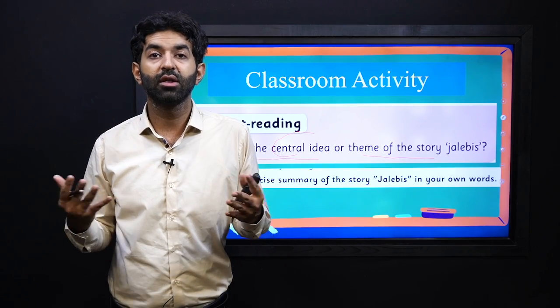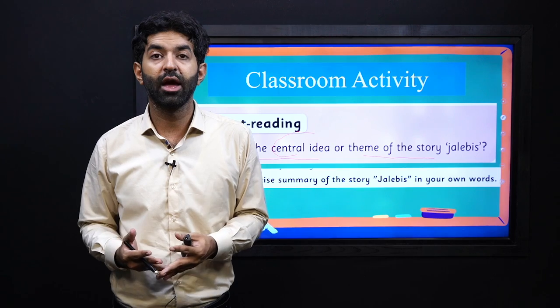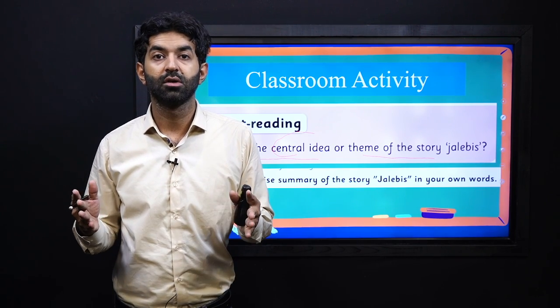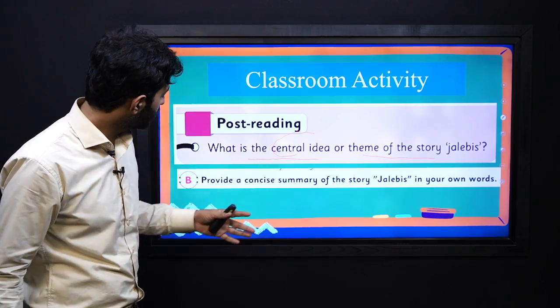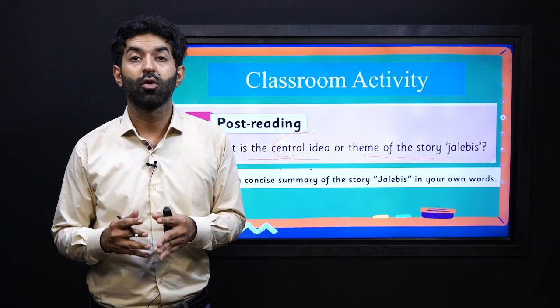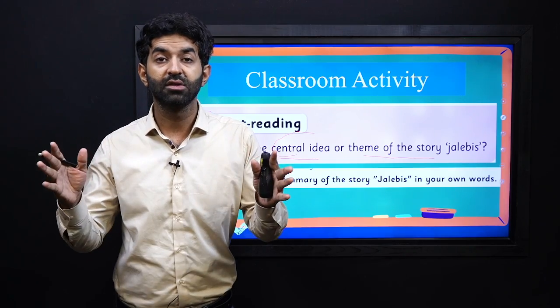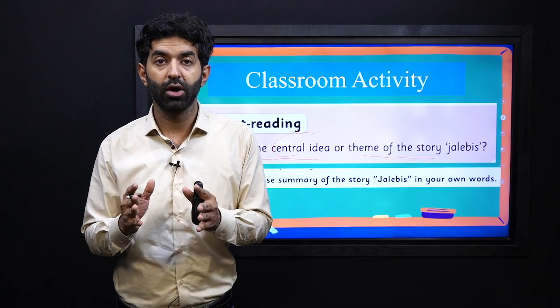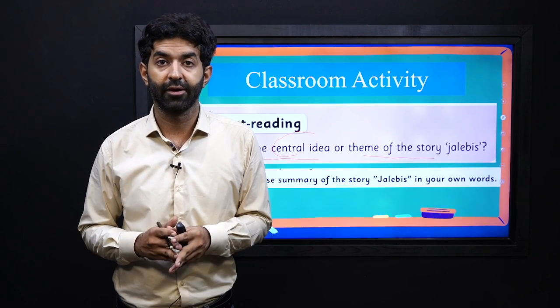So these are all the different messages you can apply in your life in any other way, because the main message is the same. And when we are talking about summary, we will provide a concise summary of the story in our own words. So summarize the whole story in your own words, make it shorter than the original text.